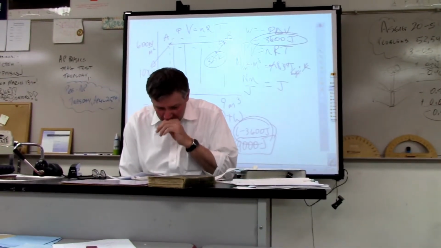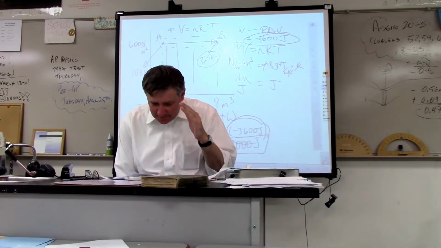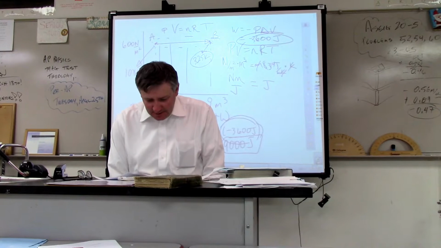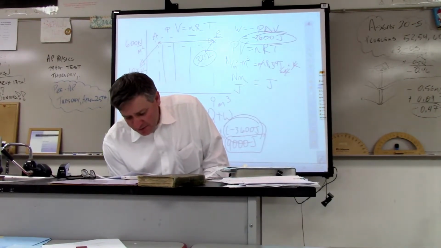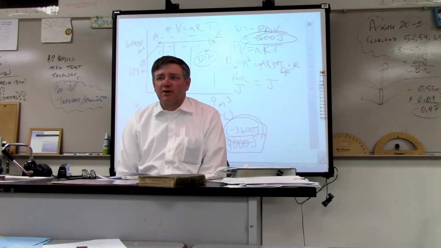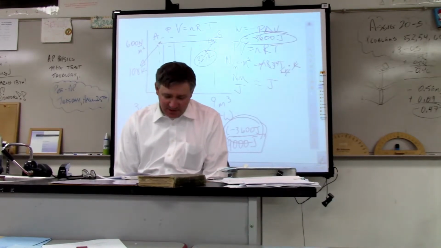Okay, so we've got A, 1, 2, and 3 done. So the pressure is then reduced to 200 without changing the volume, otherwise known as isovolumetric, or isometric, either one.